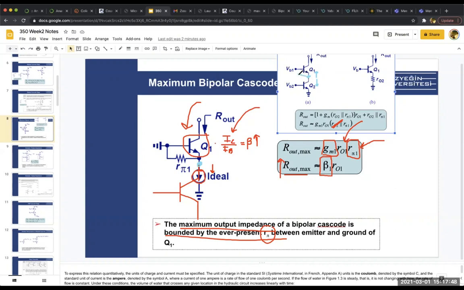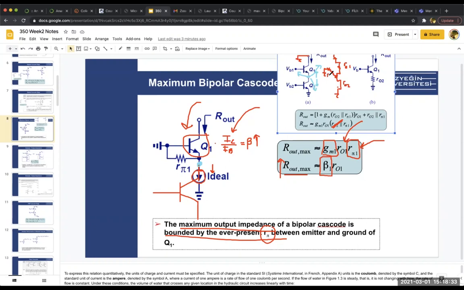There is a path here, a path here, and a path here. When you draw the small signal, as I drew a few minutes ago, there will be an r_pi resistor, an RO1 resistor, and an RO2 resistor connected to this node. I'm grounding this for convenience.